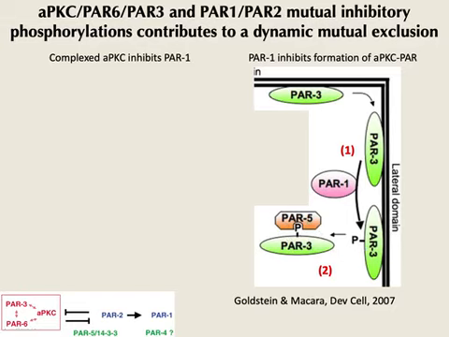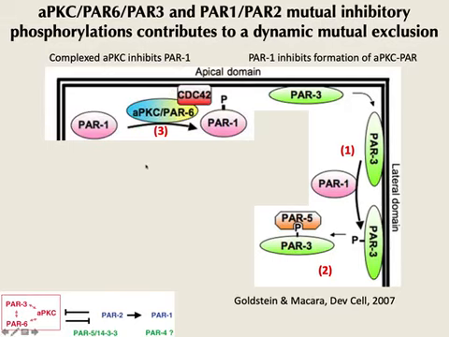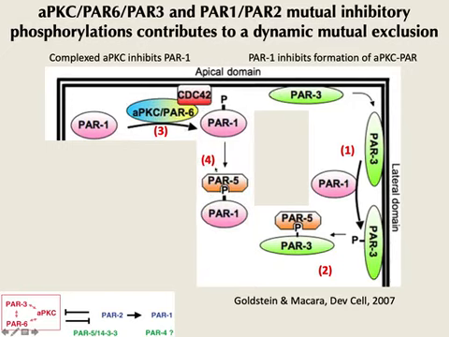That involves PAR1. Now, on the other side, there's no PAR1, and actually the antagonism, and one reason why there's no PAR1, is because it's being phosphorylated by aPKC-PAR6, which is positioned there, and here, as it's shown, by binding to CDC42, but also PAR3 as a matter of fact. So this leads to the same principle for PAR1. Now you see you already have an antagonism between this PAR complex and PAR1.